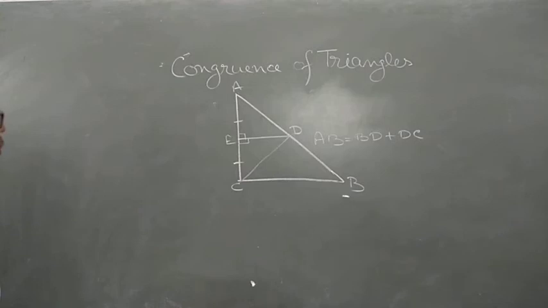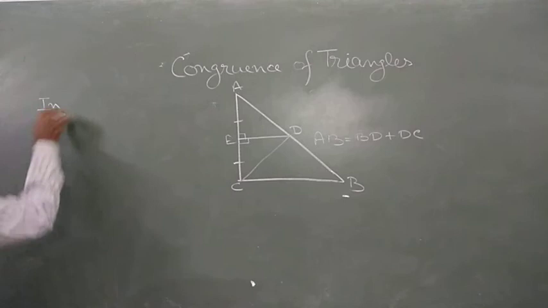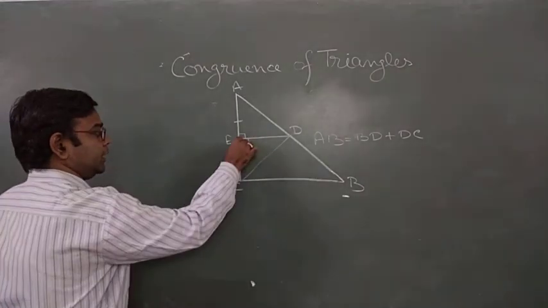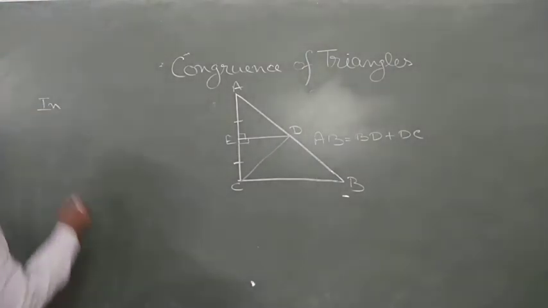But here we are not going to use the RHS property. Remember, here we are not going to use the RHS property. We are going to use the side angle side property. Let's see.